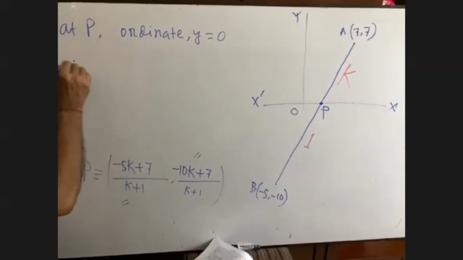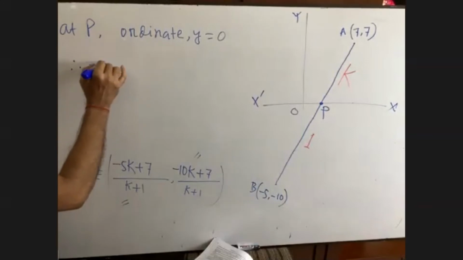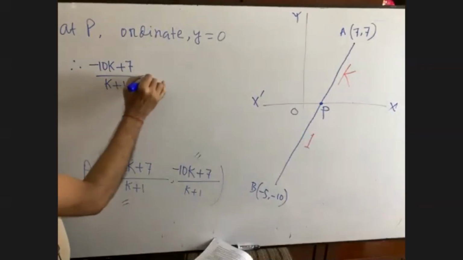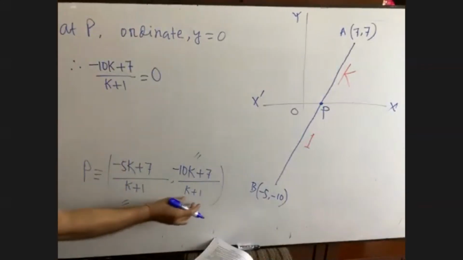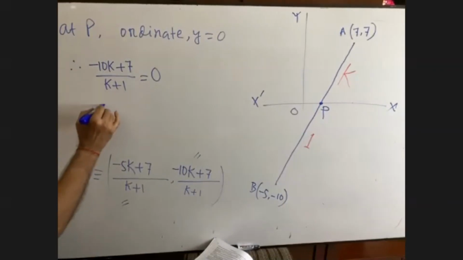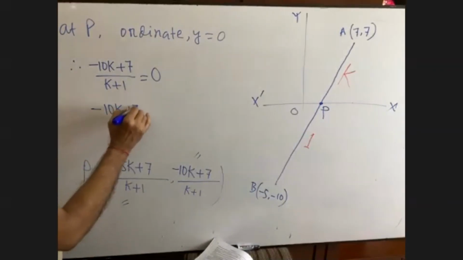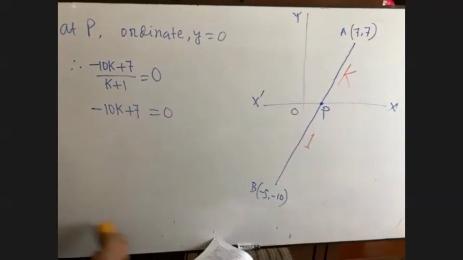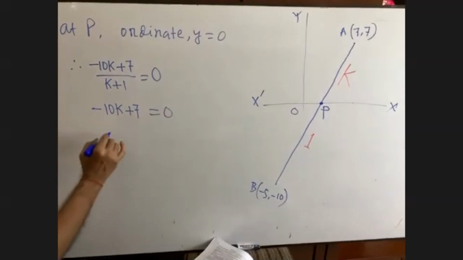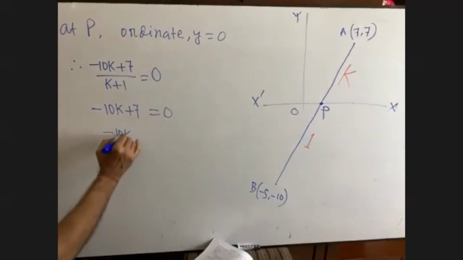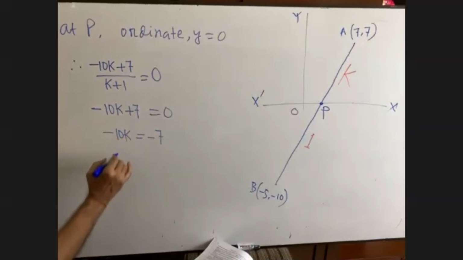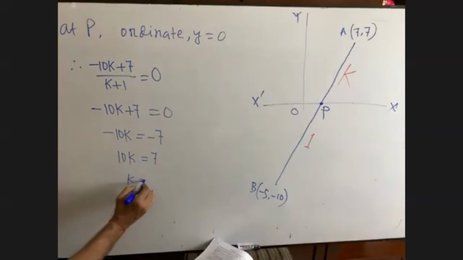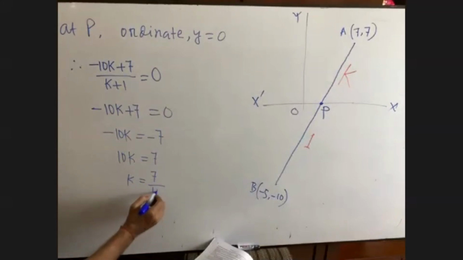That means we can write here (-10k + 7) by (k + 1) is equal to 0. From here we can write -10k + 7 is equal to 0. From here, -10k = -7, that is 10k equals 7, that is k is equal to 7 by 10. We are not done yet.